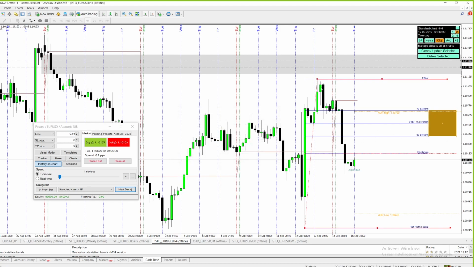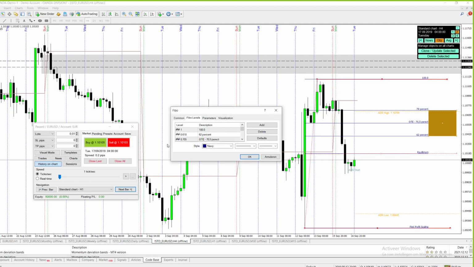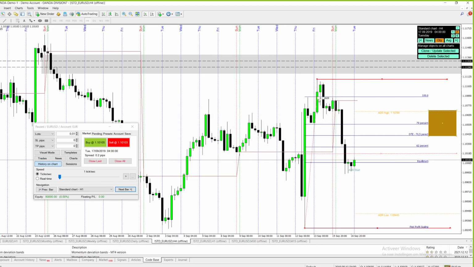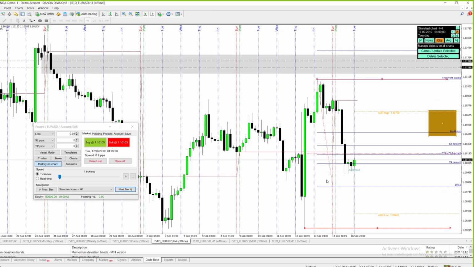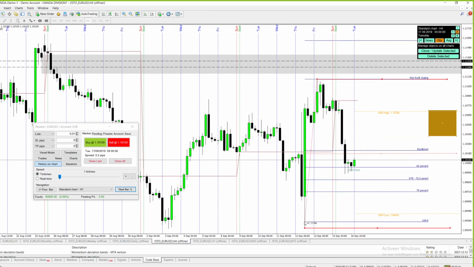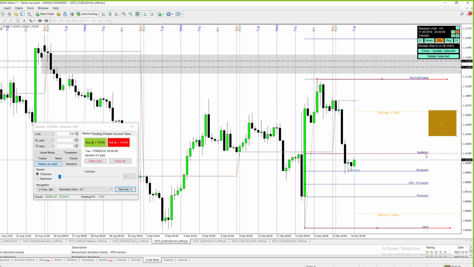And then I don't know if I can flip the FIB, but no, I cannot do that. So I have to reverse it like this. Right, and then copy this one, and then we have the OTE for the discount.